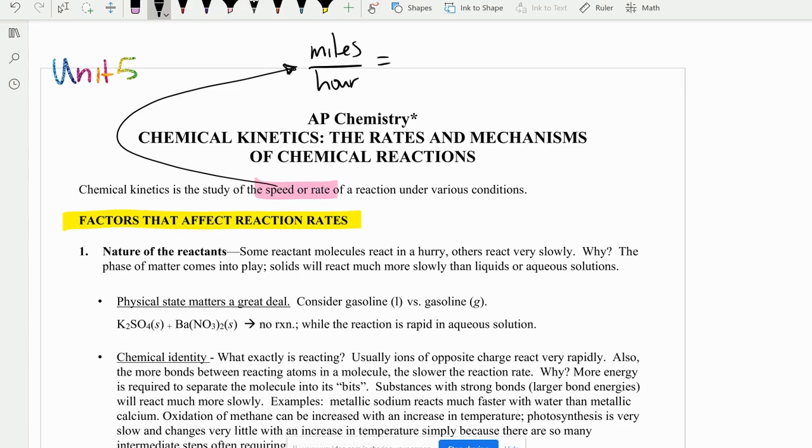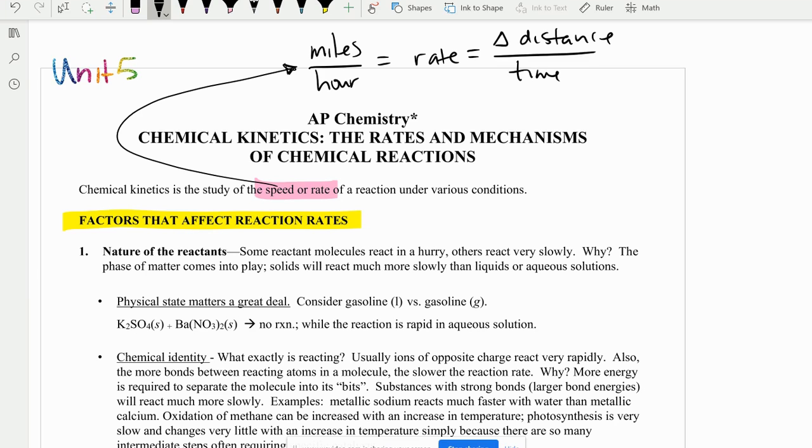In other countries, it might be kilometers per hour, but here in America, we use miles. Generally speaking, when we are talking about a rate, like how fast we're going in our vehicles, we're talking about a derived concept of change in distance over an interval of time, right? And so, what we're going to look at in this unit is the speed or rate at which chemical reactions occur on the molecular level.